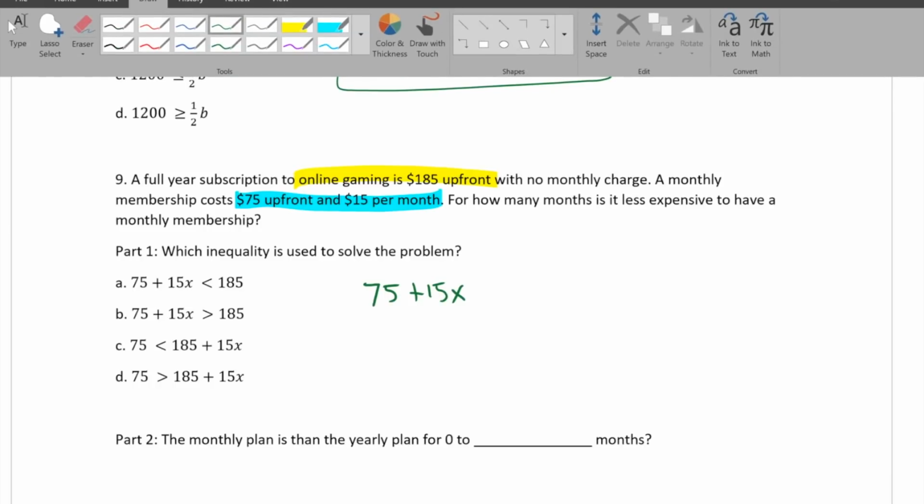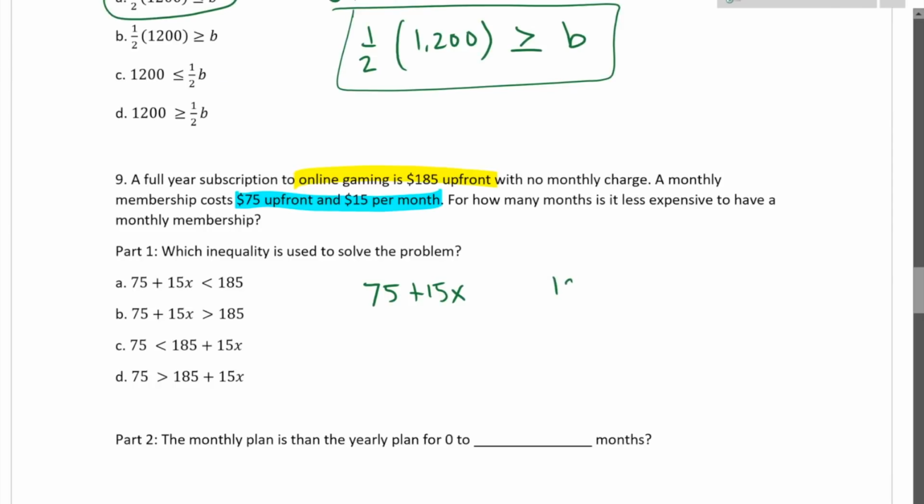So the yellow part is 185. And the problem says, how many months is it less expensive to have a monthly membership? So we want to know when this would be less than, because we want the monthly subscription to be less than 185.